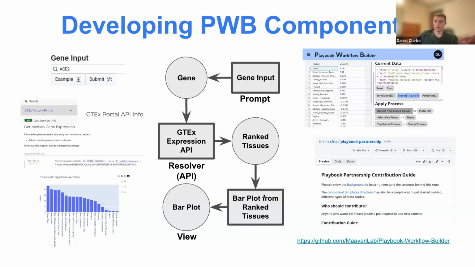So constructing a bar plot, again, will take this ranked tissue data type, will then render it with some visualization library, and then it will produce that rendering. So these intermediary things that don't take user input per se, they take some existing type and produce some new type, we're calling resolvers. And then these end data types, we're calling views because we'll have some rendering layer with them.